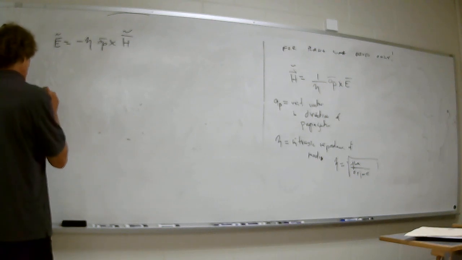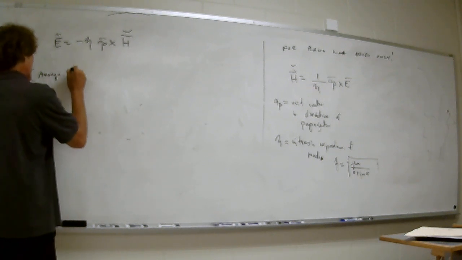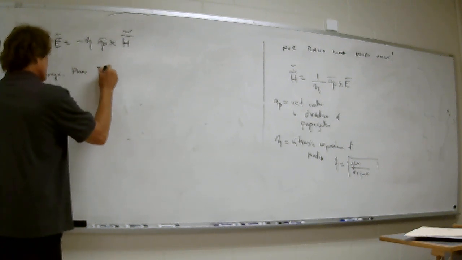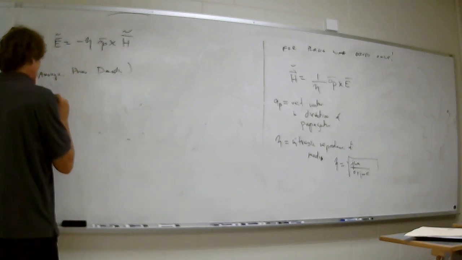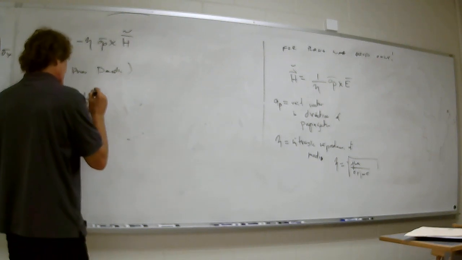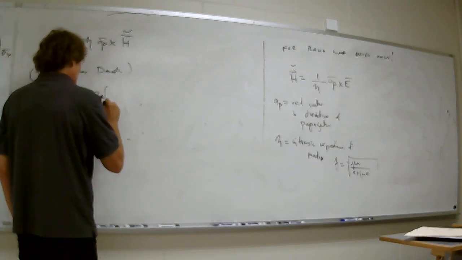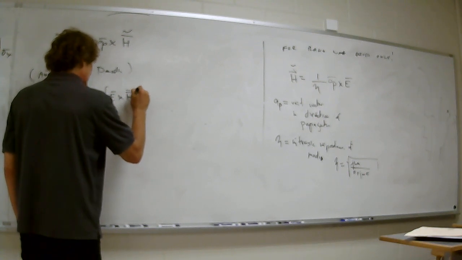And it's also the actual power density. So if you take a look at the average power density, P average is equal to 1/2 the real part of E crossed into H conjugated.